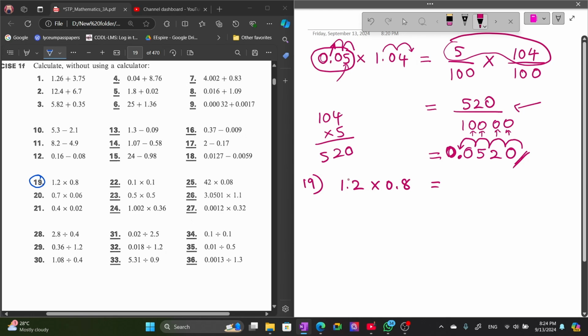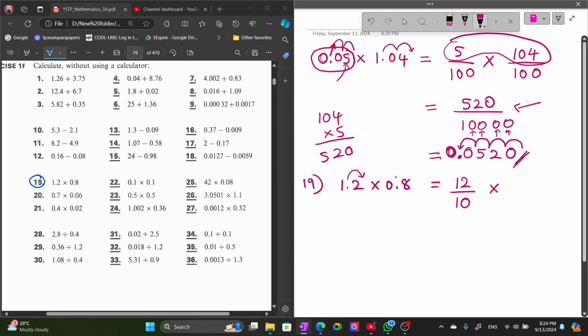The first thing is we convert both these decimal numbers into fractions. We take the decimal point until we can make this a whole number. So 1 place to the right, we get 12. This is a whole number, and we took 1 place to the right, so we divide by 10.